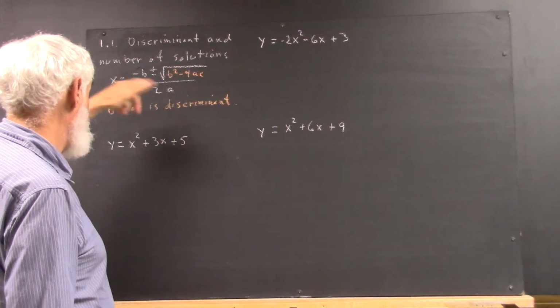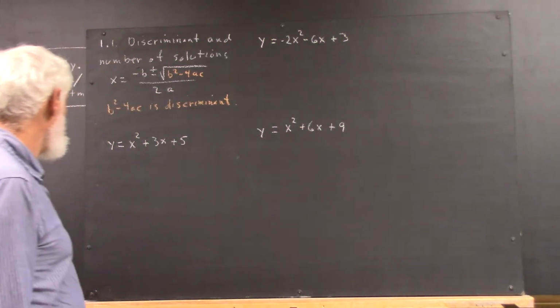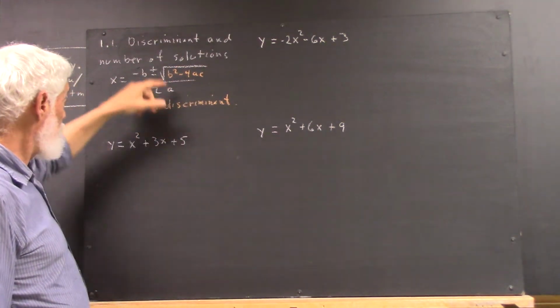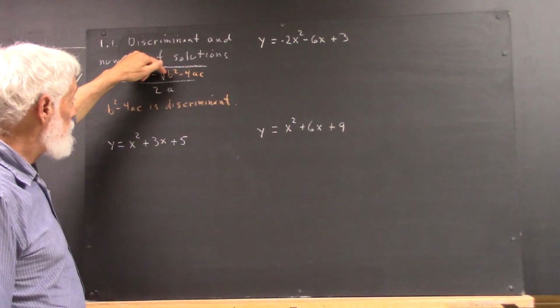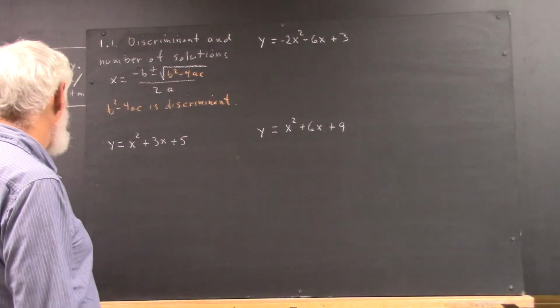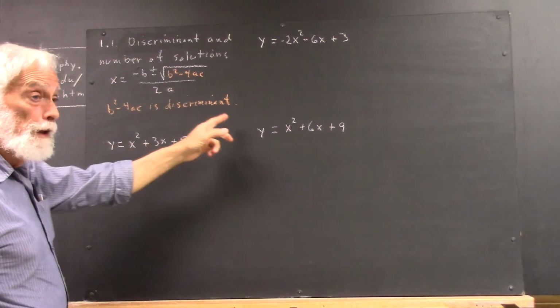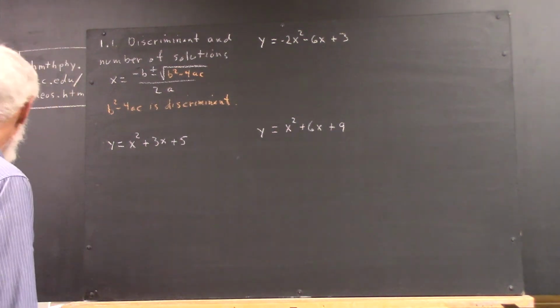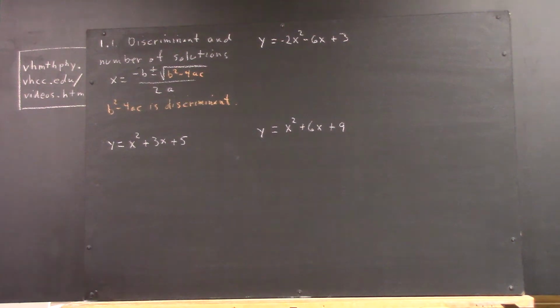And I hope we know this formula. In orange, I've written the discriminant. The discriminant is what's under the square root sign. It's b squared minus 4ac. Now let's see what the discriminant tells us about solutions to the equation.